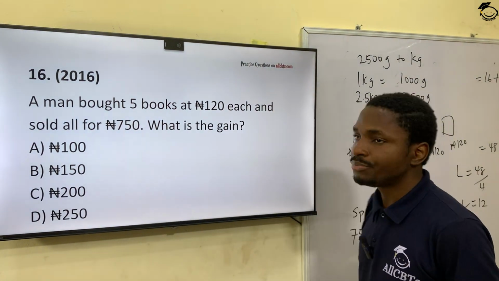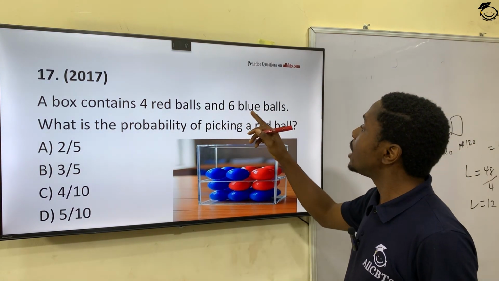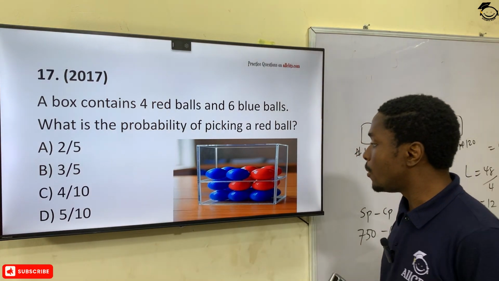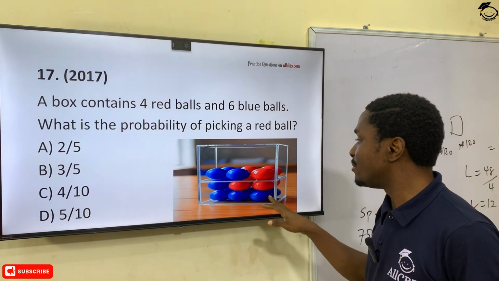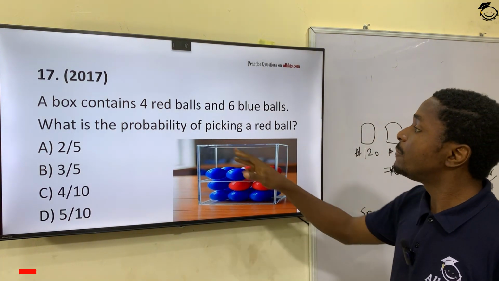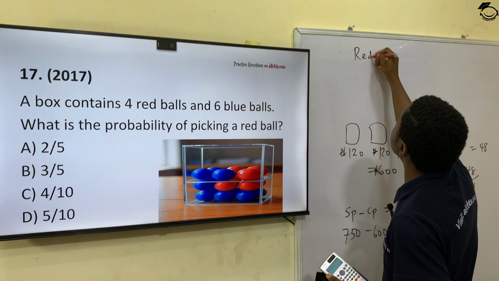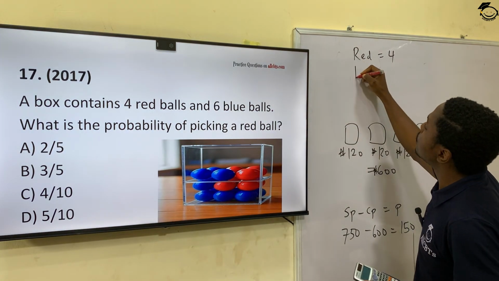That's his gain. A box contains 4 red balls and 6 blue balls. What's the probability of picking a red ball? In this one we have more blue balls, but the box contains 4 red balls and 6 blue balls.